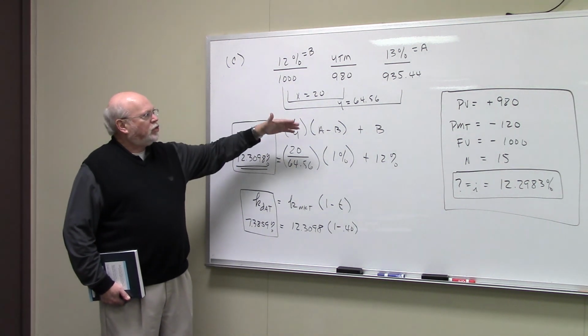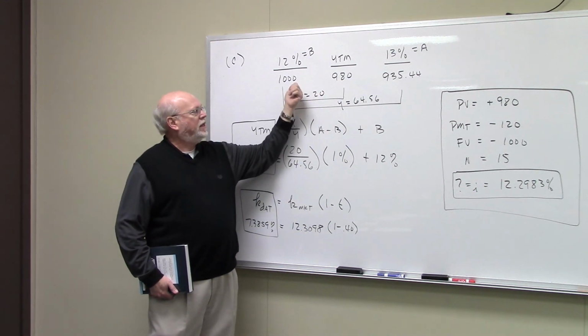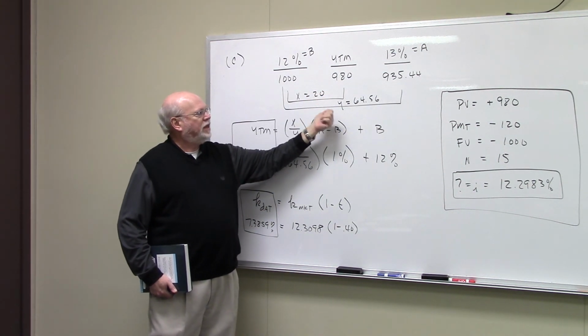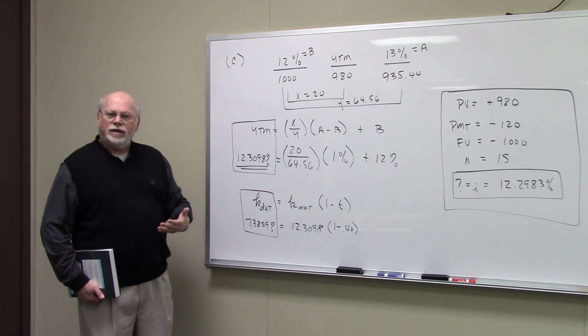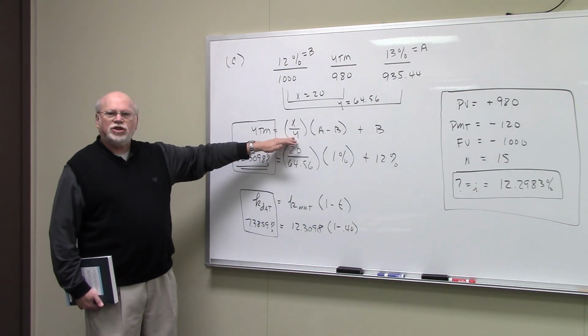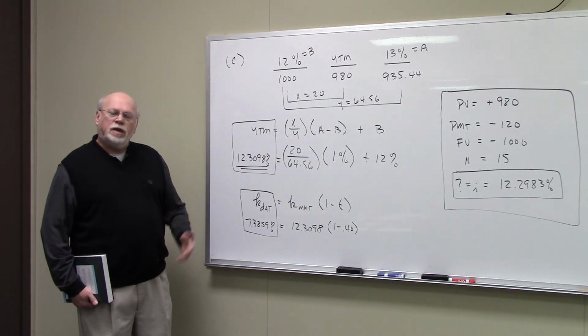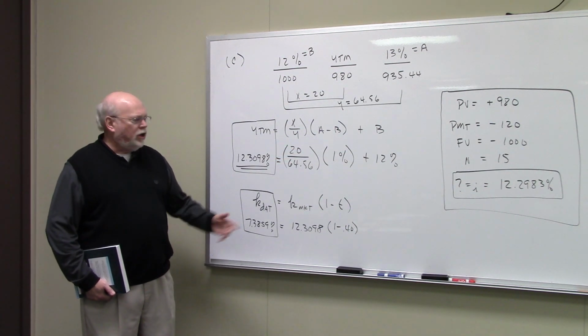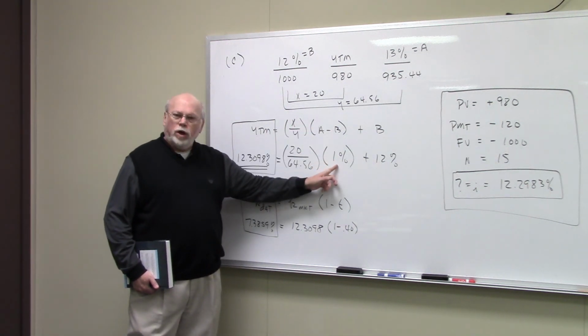And as we go through our process here, this price minus that price is X, this price minus that price is Y. And when you interpolate to find a yield in this case, the yield is going to be equal to X over Y times A minus B plus B. So plugging into that formula what we know for X and Y, A minus B is 1%, not 0.01, but 1.